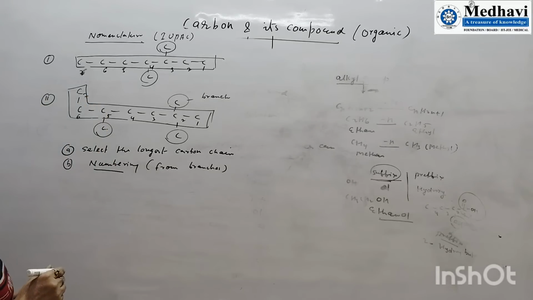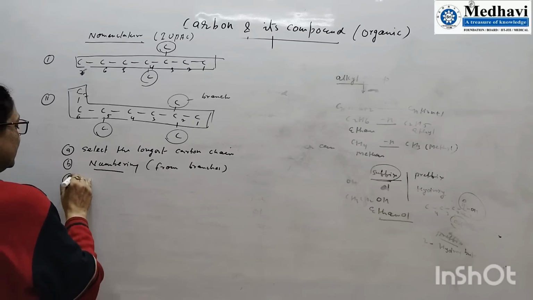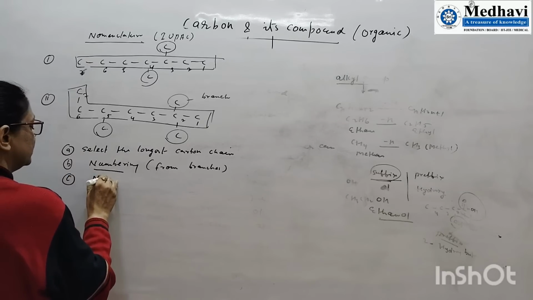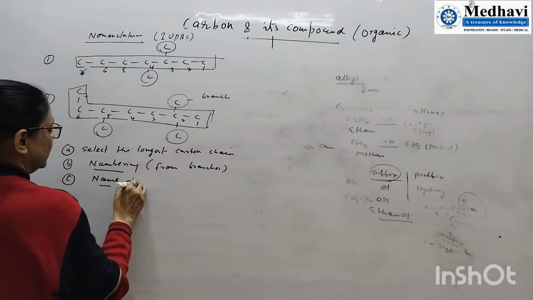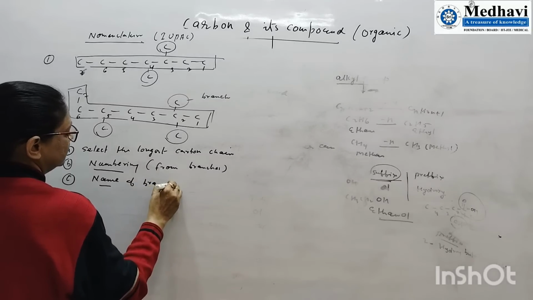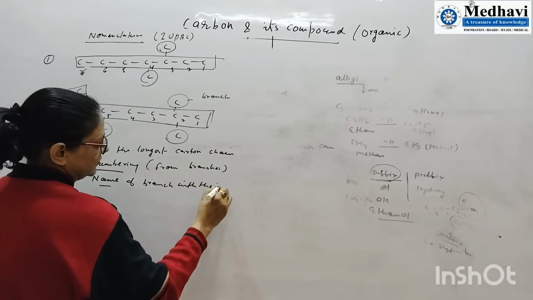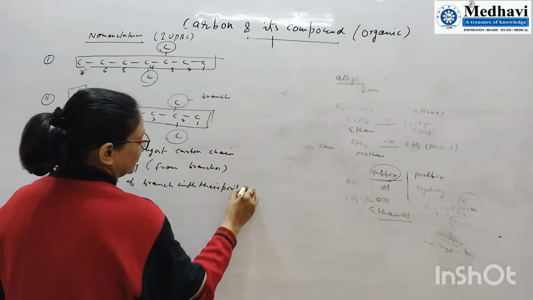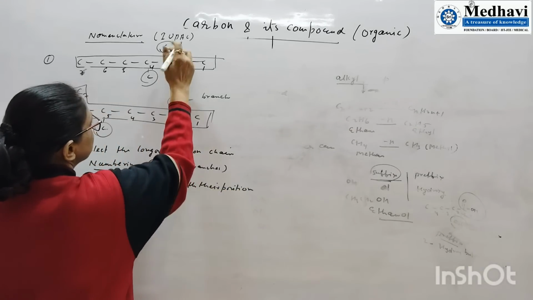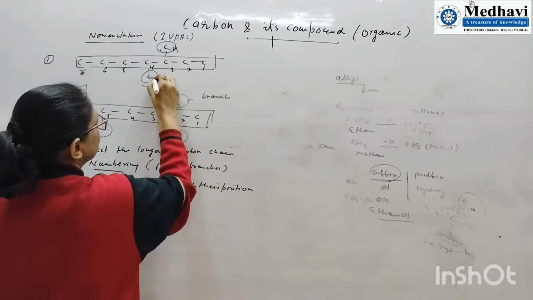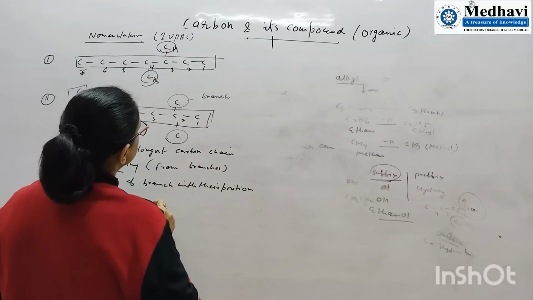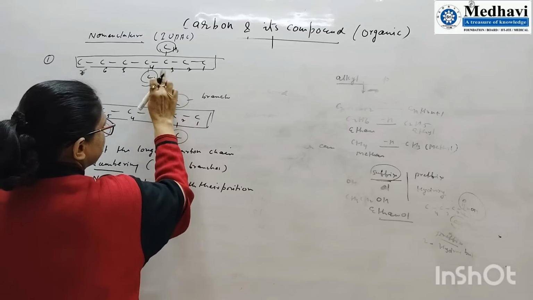After that, the names of branches are taken first, the name of the branch with its position. That is important. Suppose this is CH3, a methyl group, so its positions are 3, 4.